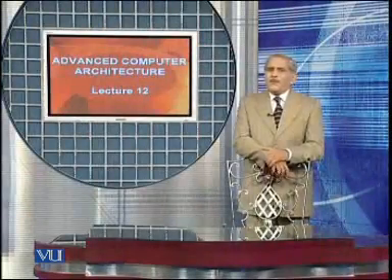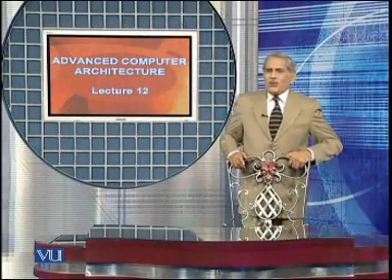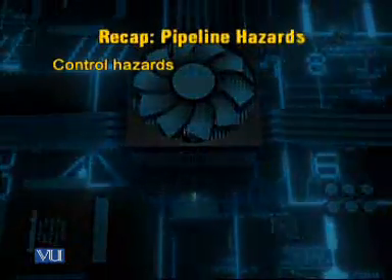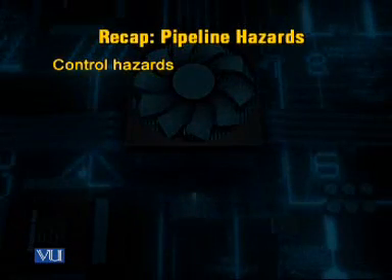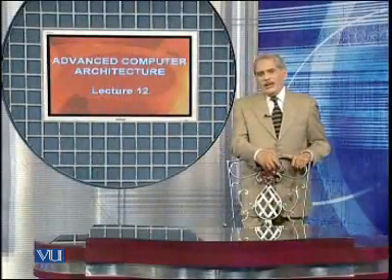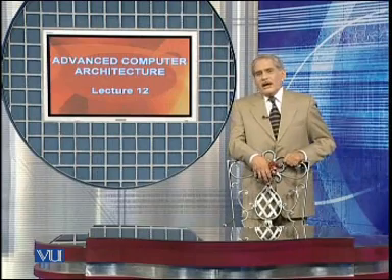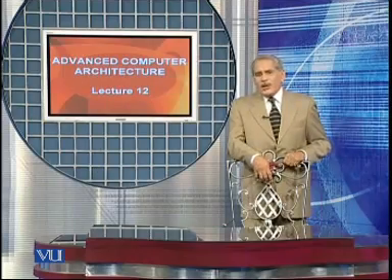The third type of hazard, which we talked about last time, is known as the control hazard. The control hazard is one which occurs when an attempt is made to branch before evaluating the condition. This, in fact, results in fetching a wrong instruction and placing it in the pipeline.